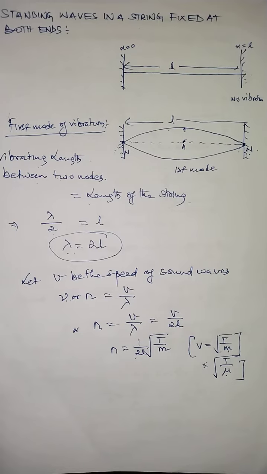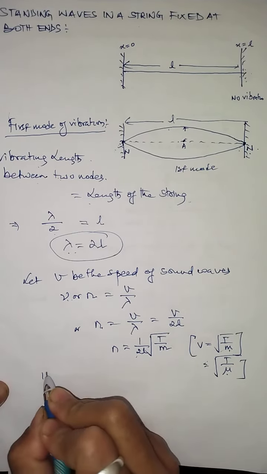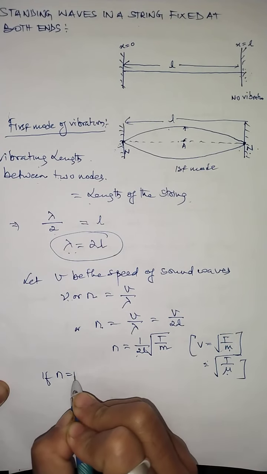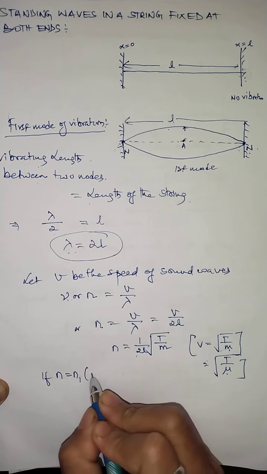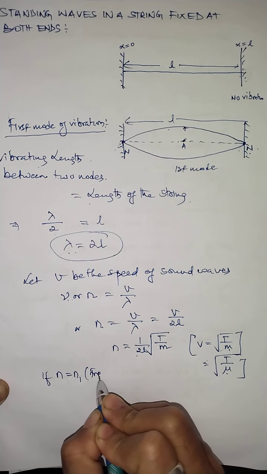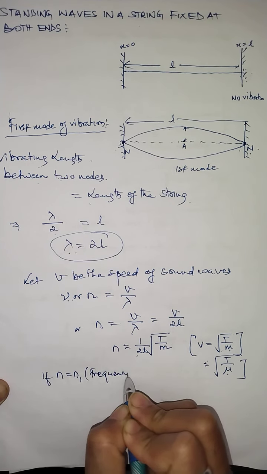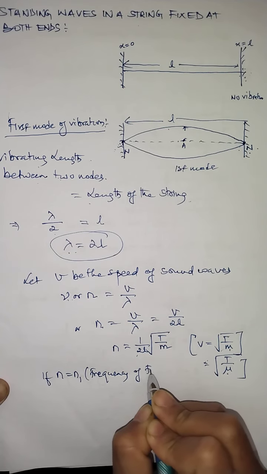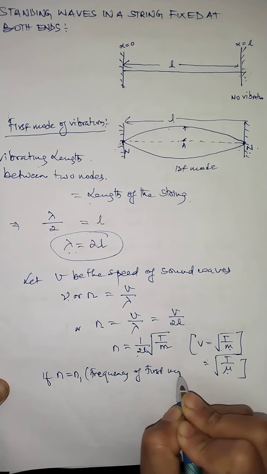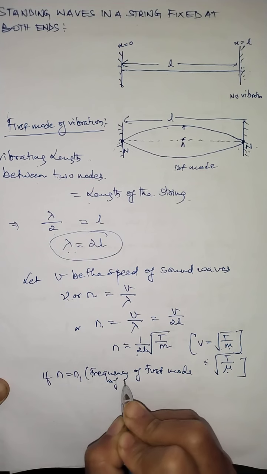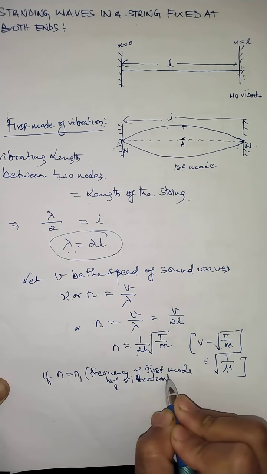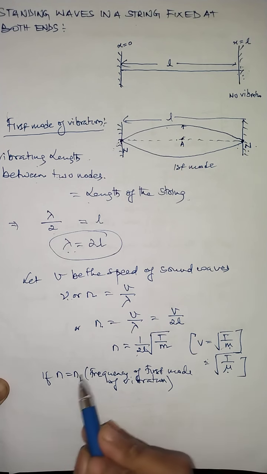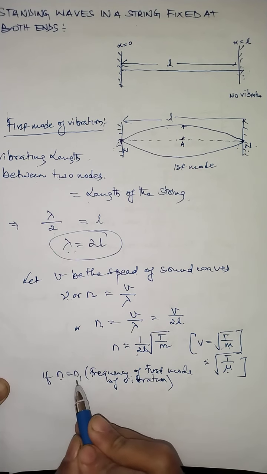Now if I write this n as n1, it means this is the frequency of the first mode of vibration. This frequency n can be for any mode of vibration, but to represent a particular mode, say the first mode, n can be written as n1.